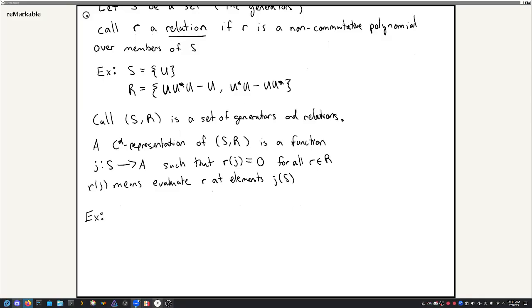So with our previous set of generators and relations, I can show you what a C-star representation of those generators and relations looks like. So we'll define J, which goes from S, which is just the single element set containing U, into continuous functions on the unit circle.